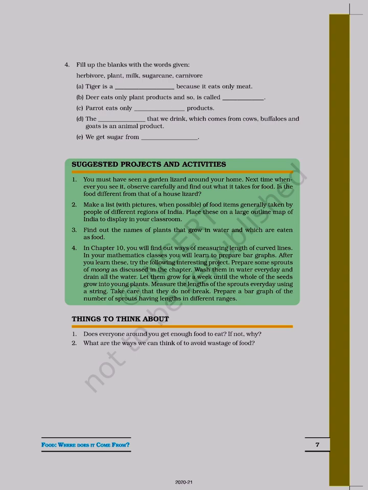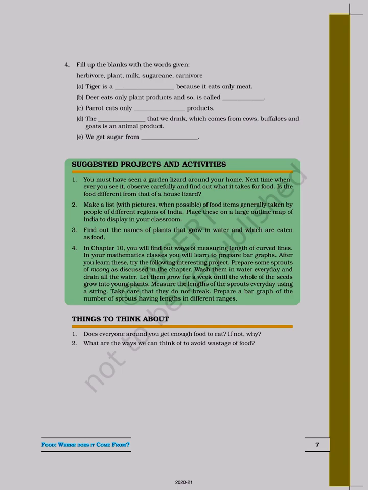Wash them in water every day and drain all the water. Let them grow for a week until the whole of the seeds grow into young plants. Measure the length of the sprouts every day using a string. Take care that they do not break. Prepare a bar graph of the number of sprouts having lengths in different ranges.